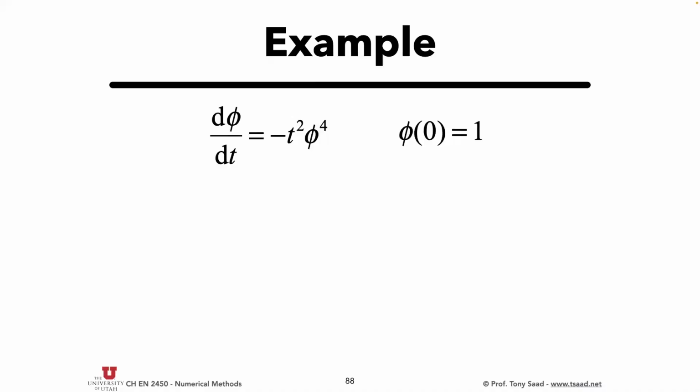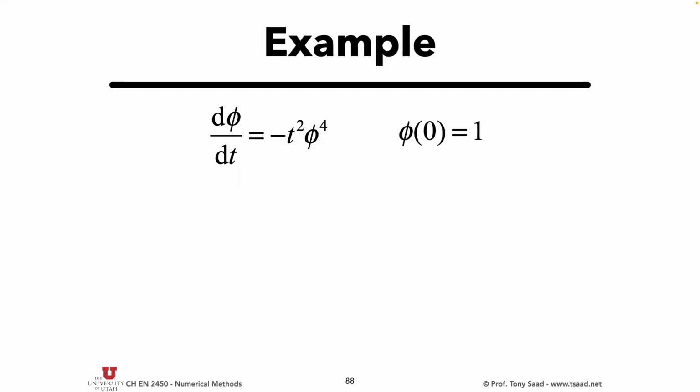All right, so let's turn the lights off. Let's do an example so that you can exercise your hand a little bit. So we're going to take this ODE, d phi by dt equals minus t squared phi to the power 4, okay? With an initial condition phi 0 equals 1.